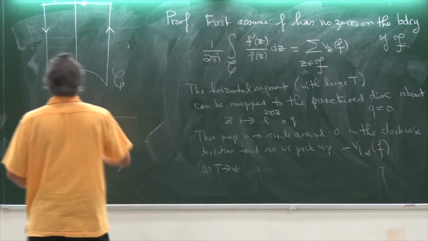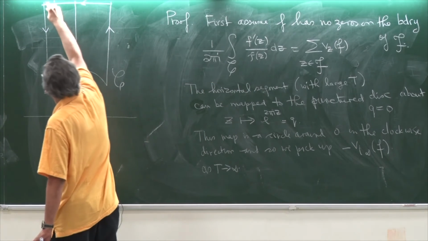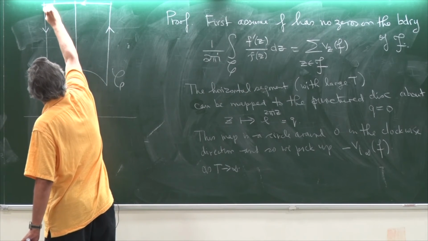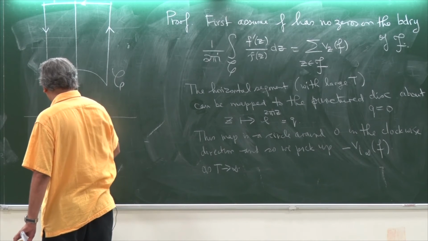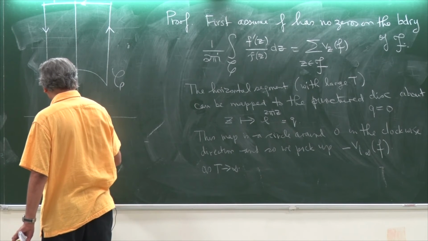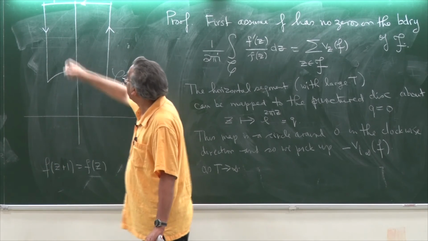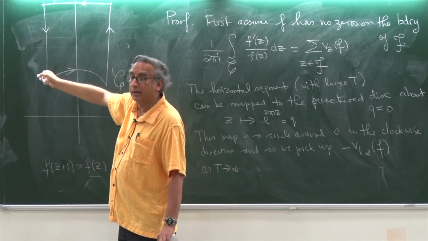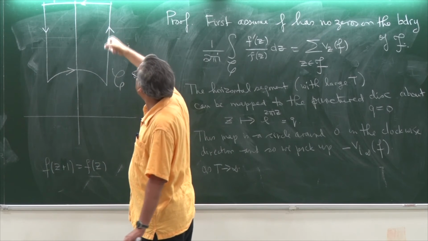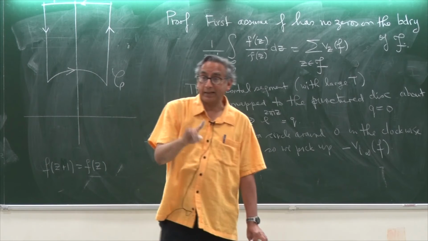The contribution of the integral along these vertical paths, keeping in mind that f of z plus 1 is equal to f of z, means that the integration on this vertical line and the integration on this vertical line here are the same, except they're going in opposite directions, therefore they cancel each other.